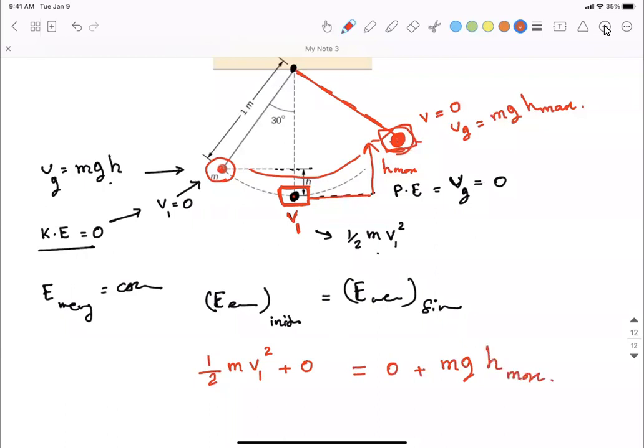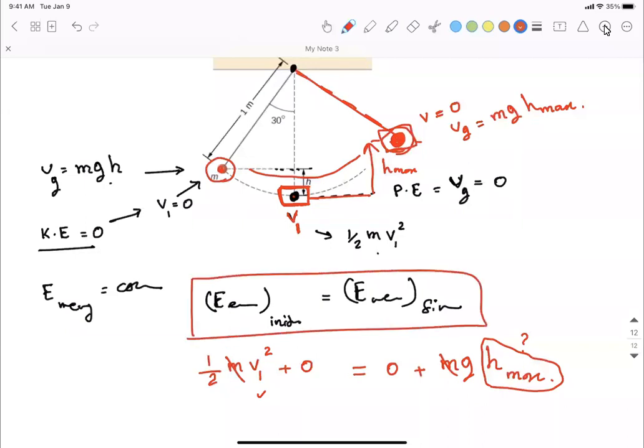Again, mass will cancel out. You are trying to find, from the v1, how much is the h max it could go. So, different situations, but same idea. Mechanical energy conservation is the tool, the trick we are going to use in these problems.